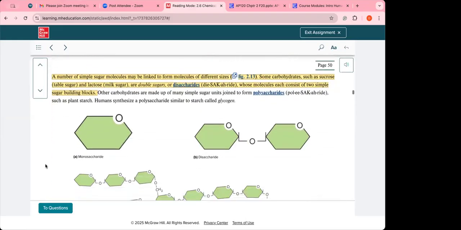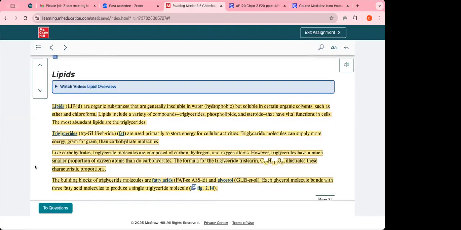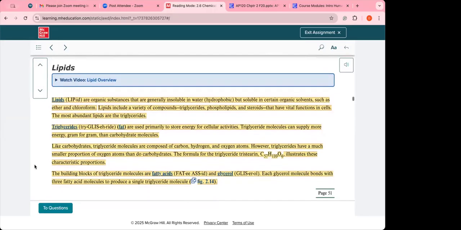Okay, so let's go to our lipids. Let's look for the rings of carbon atoms. Tell me what kind of lipid it is.